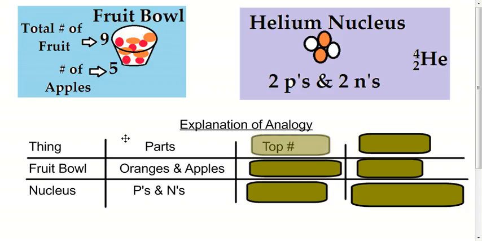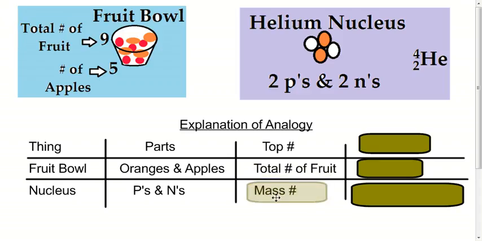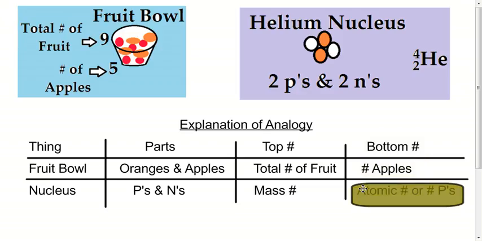The second thing are the numbers. The top number on the fruit bowl is the total number of fruit, and for nuclei, it's the mass number. That's two things added up in both cases. The bottom number for the fruit was the number of apples, and for the nucleus it's the atomic number, or the number of protons.